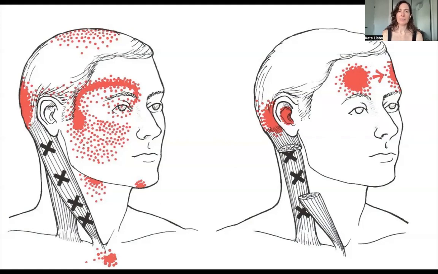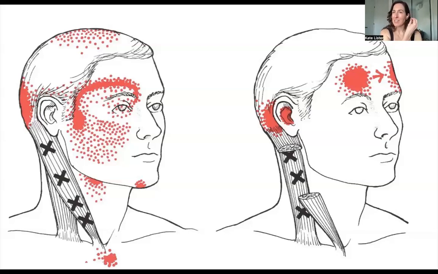So you can see here in the diagram, the red area is usually where you might experience pain. So you've got across your forehead, headache, feels like pressure, perhaps like a vice grip around your forehead and around your ear.